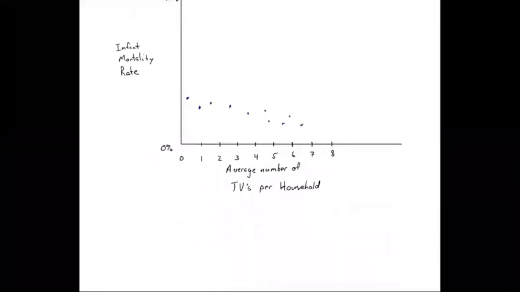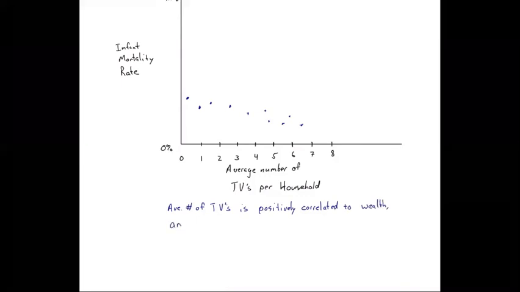What is more likely is that the average number of TVs is positively correlated to wealth of a nation. So in other words, the wealthier a nation is, the higher the average number of TVs per household.